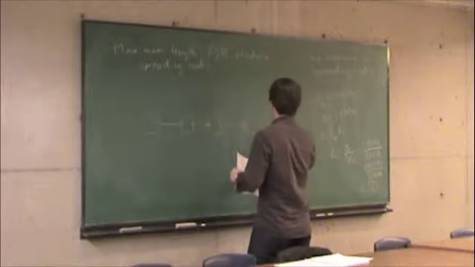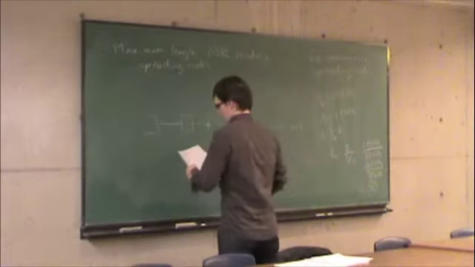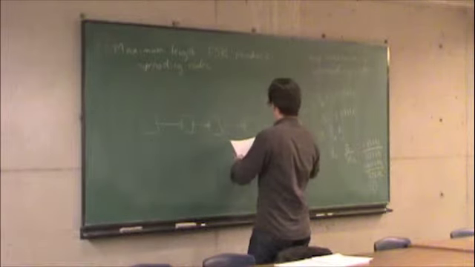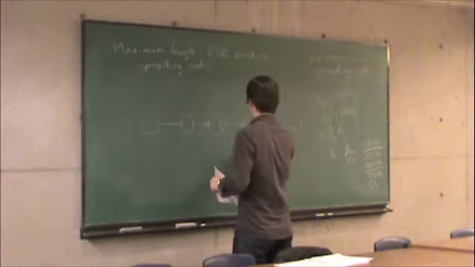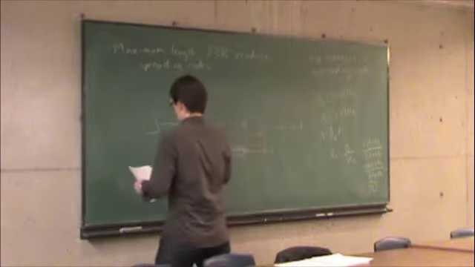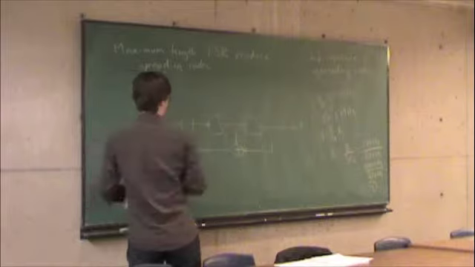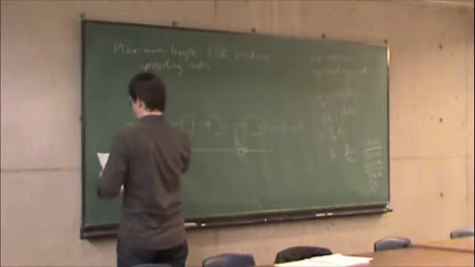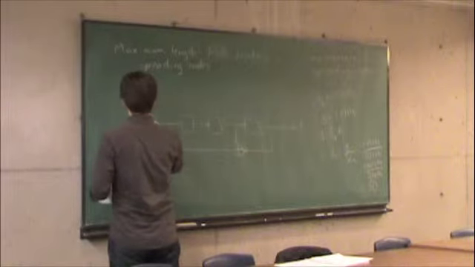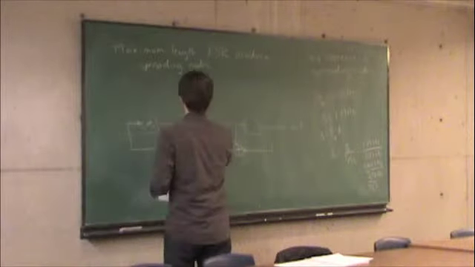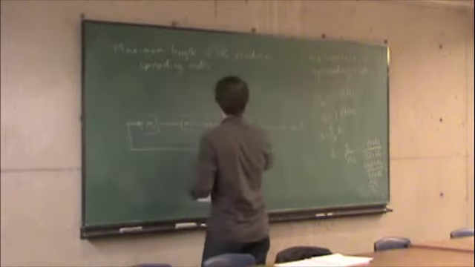Here's my output, and my connection will be, I'm going to take the modulo 2 sum of those two. So let's call these flip-flops M for memory: M0, M1, M2, M3.